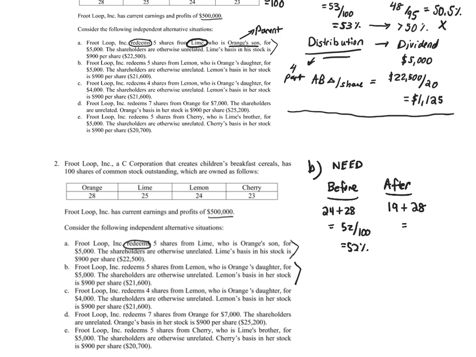That equals how much? 47 over 95. What's that equal? 49.4. Exactly. Thank you, Carolyn. 49.4%. So that's less than 50%.